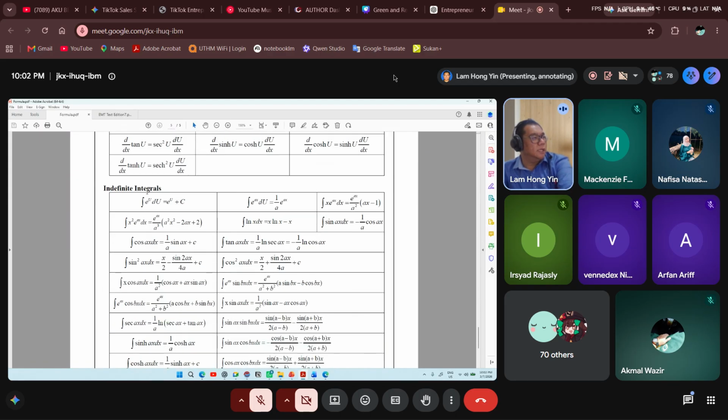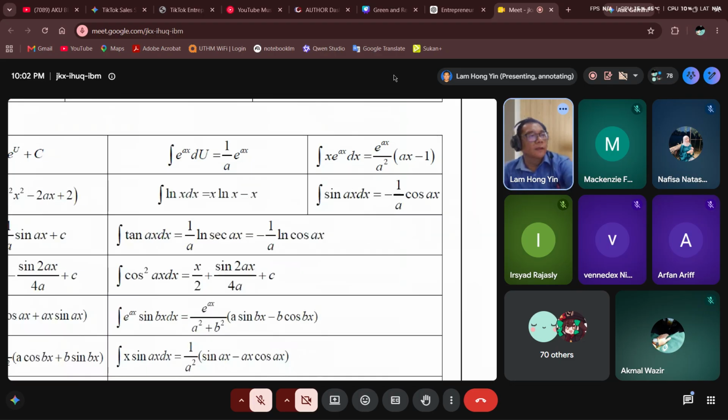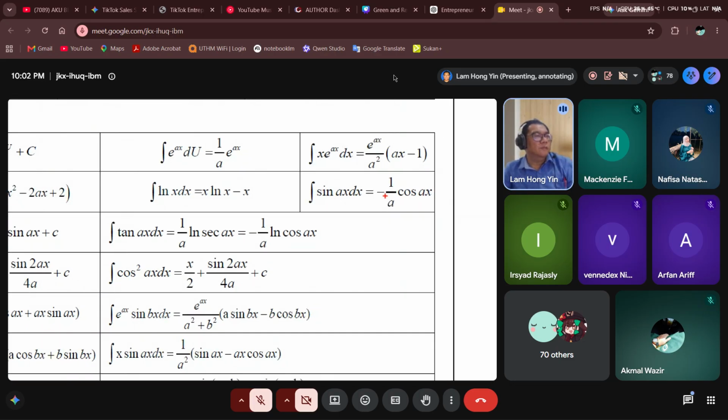So the infinite integral, integrate sine. Over here, yes, integrate sine, then you have negative cos.